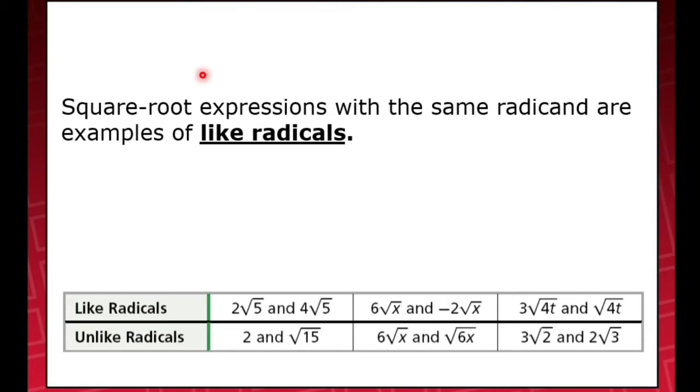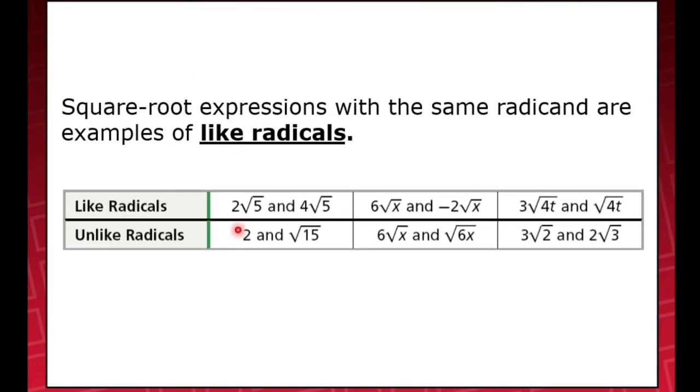Let's take a look at this example. We have here 2 square root of 5 and 4 square root of 5. These two radicals are considered like radicals because, first and foremost, they have the same indices. The index of square root of 5 here is 2, although we no longer see it because it is not needed to be written when the index is 2.